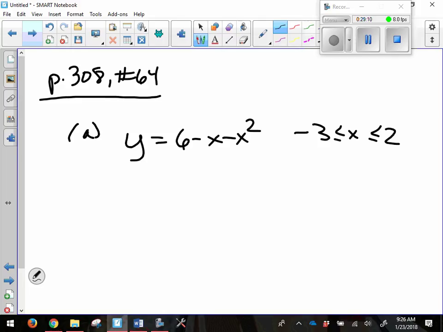All right, so if we're supposed to find the area under the curve, what does that mean? I'm taking the integral. So I'm going to take the integral from -3 to 2 of 6 minus x squared dx.